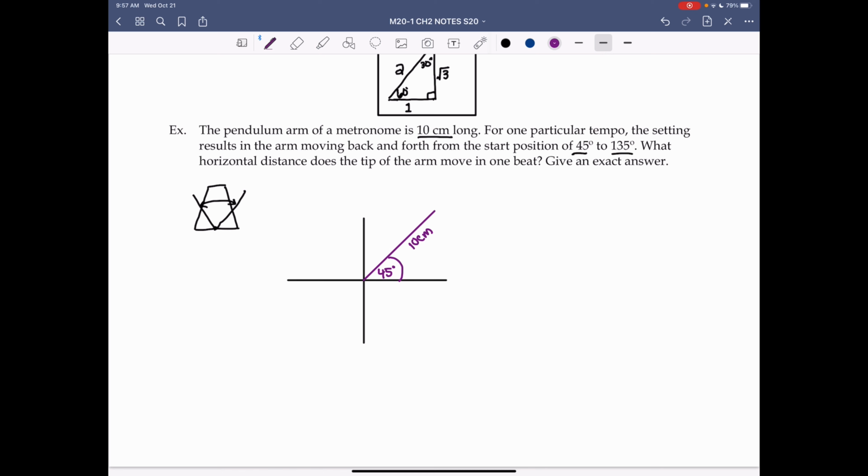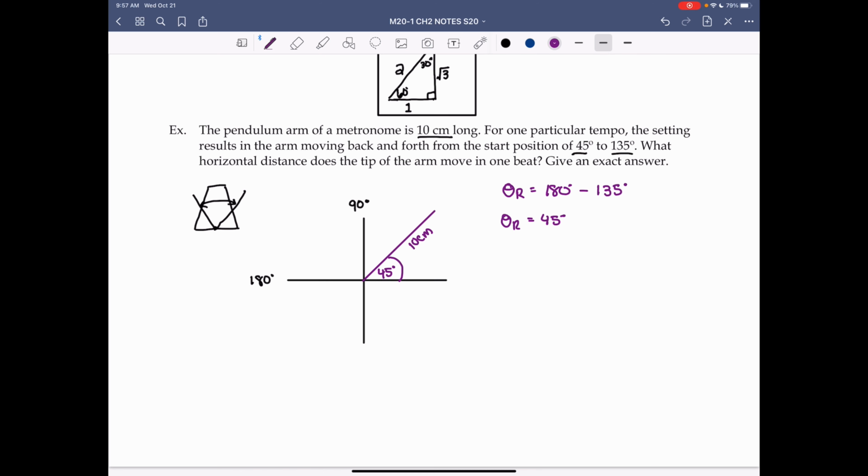Then it swings to a position of 135 degrees, which we know is in quadrant 2 because the positive y-axis is 90 and the negative x-axis is 180 degrees, so it's somewhere in between those. To find out more precisely where it is, to get theta r, we start with 180 degrees and subtract the angle in standard position, 135 degrees, which gives us theta r equals 45 degrees.